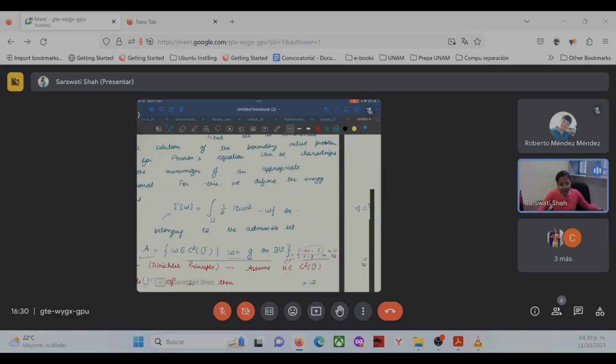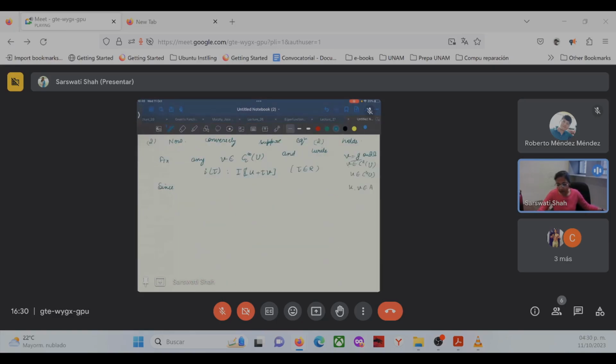Since u belongs to C2, v belongs to C2, and additionally v equals z on ∂Ω, and u is a solution, so u also equals z on ∂Ω, they are belonging to the admissible set.